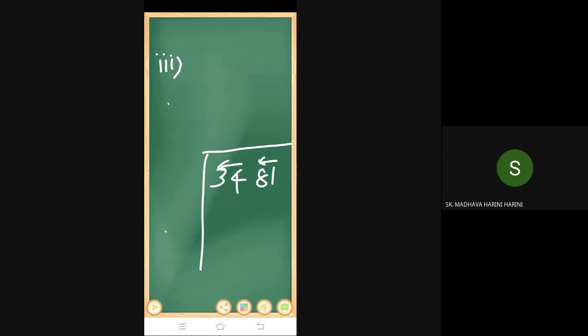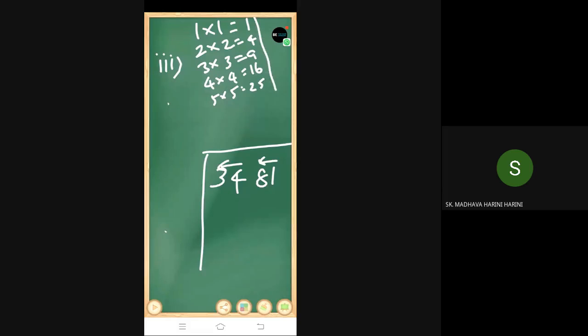First of all, you should write the square numbers somewhere else on the right corner. 6 6s are 36. 7 7s are 49. 8 8s are 64. 9 9s are 81. Okay, let us write here. My board is so small.